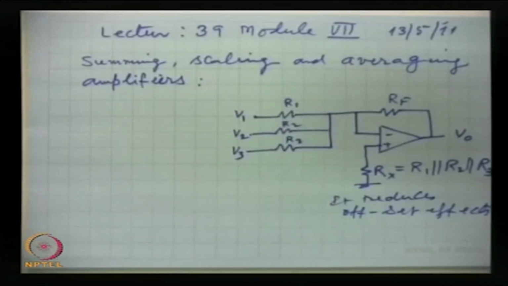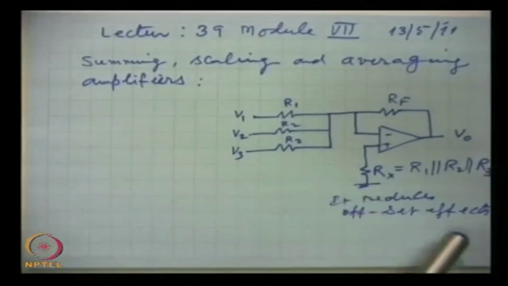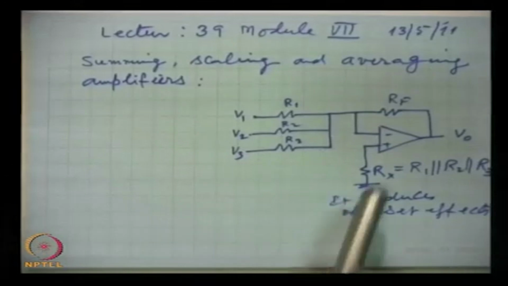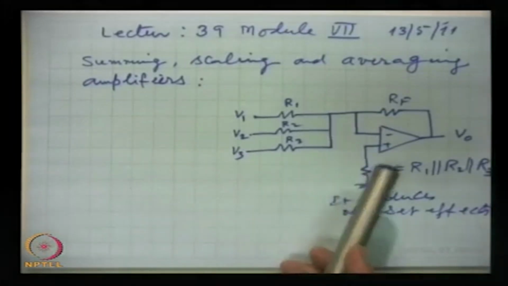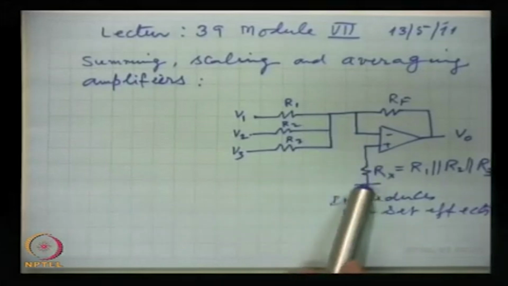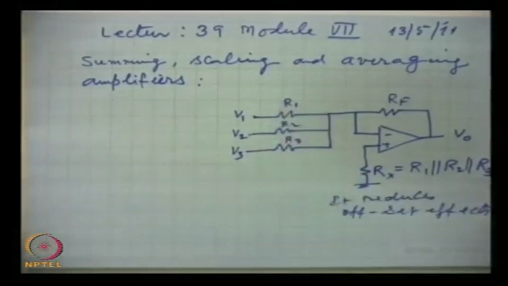They are of course very small currents, but still. So, those offset effects can be reduced drastically if instead of directly connecting the non-inverting input to ground, it is connected through a resistance equal to the parallel combination of all the input resistances.